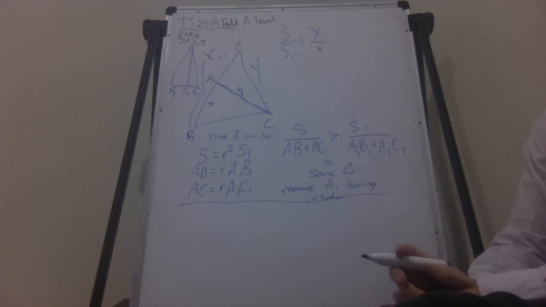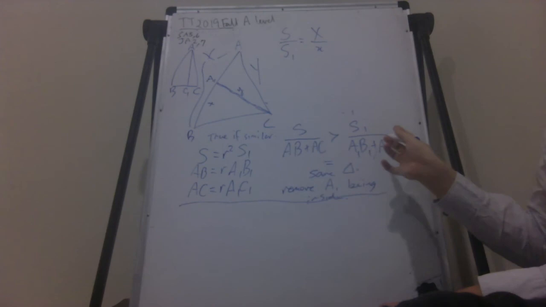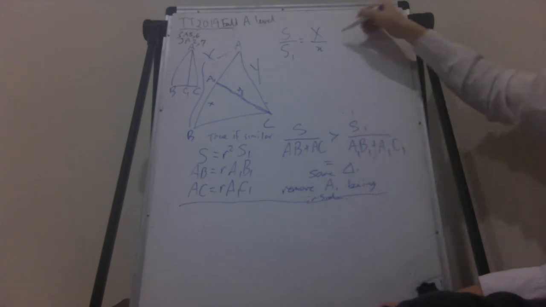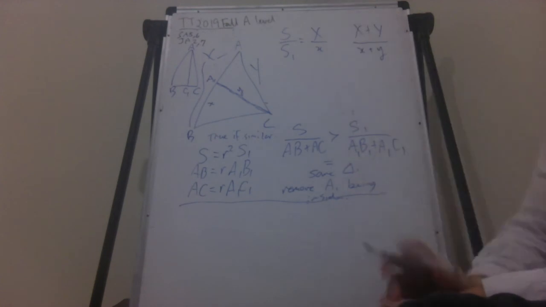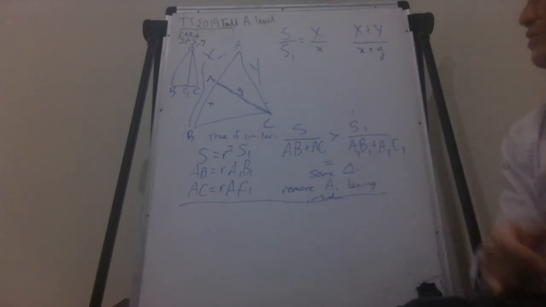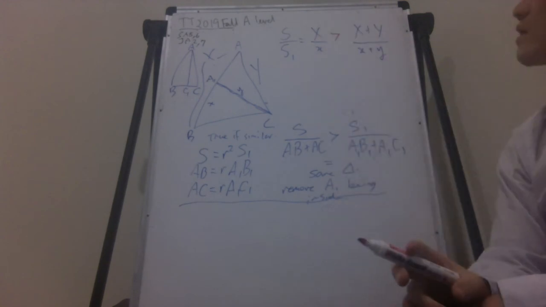And you need to compare that with AB plus AC on A1B1 plus A1C1. That's just X plus Y on little x plus little y. And you need to show that that's bigger.